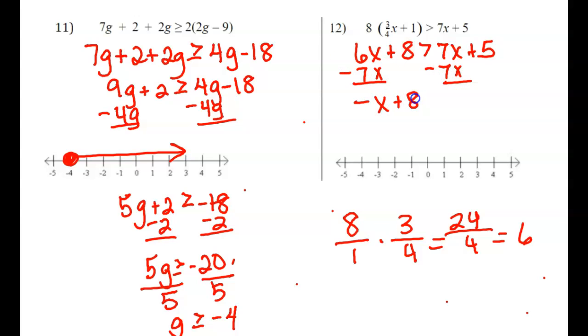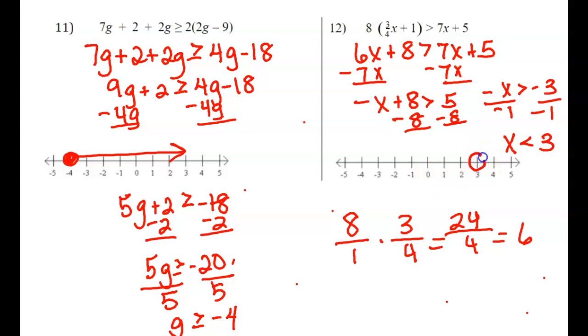Negative x plus 8 is greater than 5. And then when I subtract my 8 from both sides, I end up with negative x is greater than negative 3. Now I'm dividing both sides by negative, so I need to flip it. X is going to be less than 3. We go to 3 on the number line, we make an open circle, we bring it to the left.